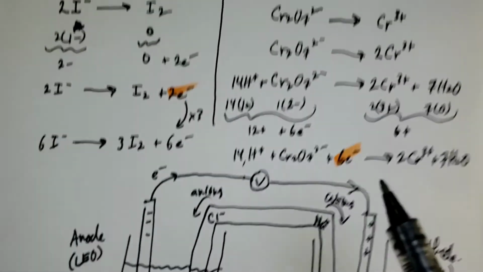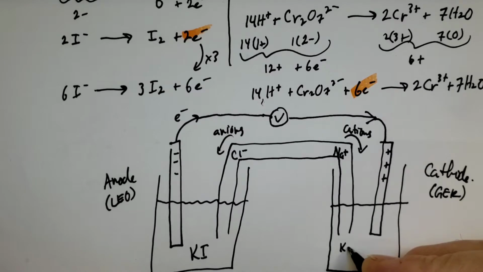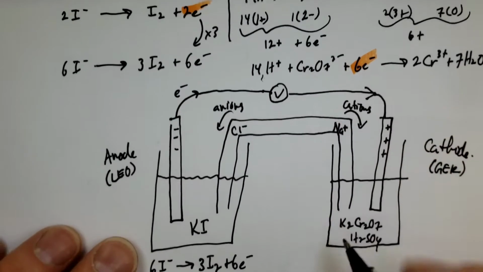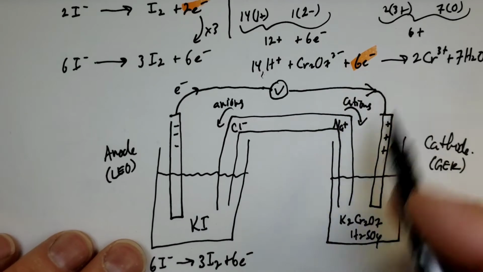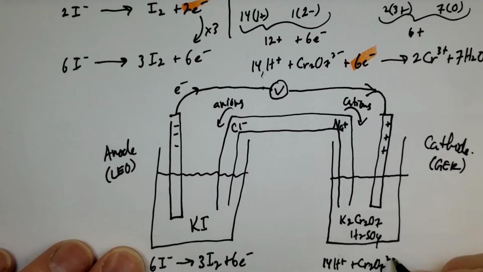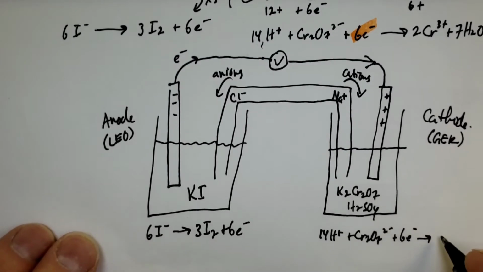And then of course, my other solution here, K2Cr2O7 and H2SO4 must be what's in over here. And the reduction that's happening is over here. So the picking up of electrons. So the 14H plus, Cr2O7 plus 6 electrons yields 2Cr3 plus, 7H2O.